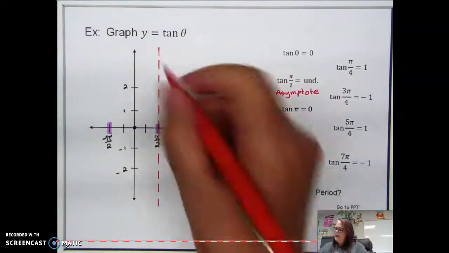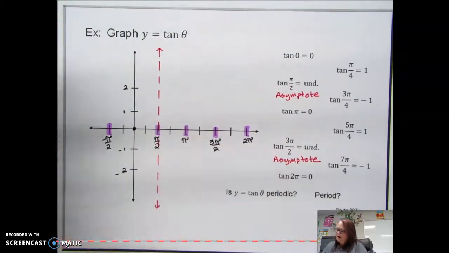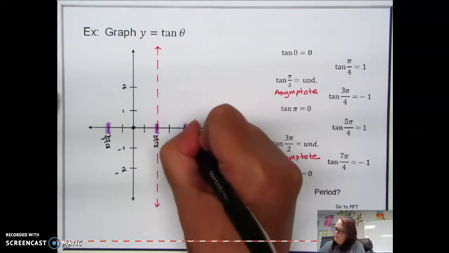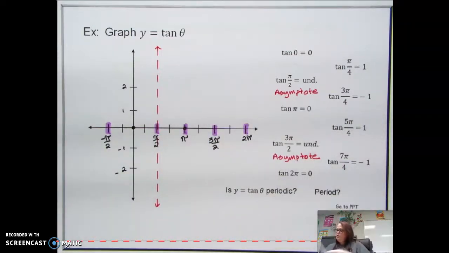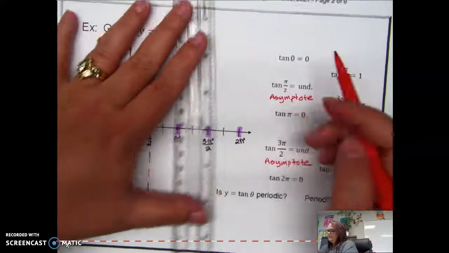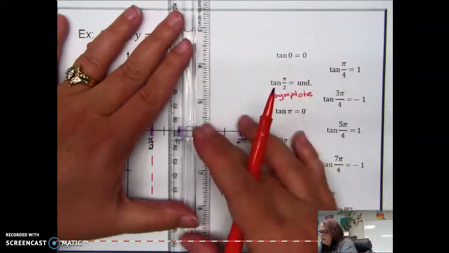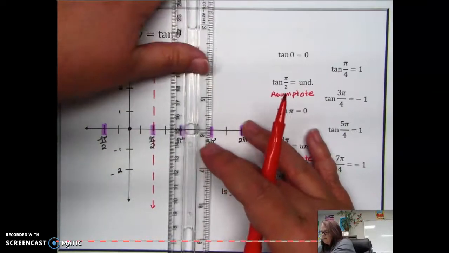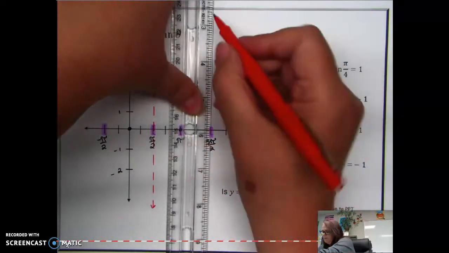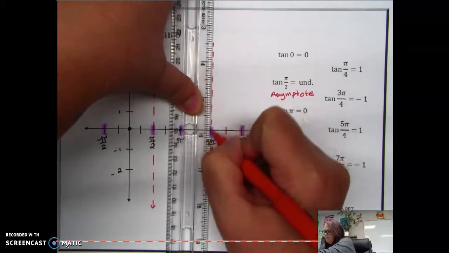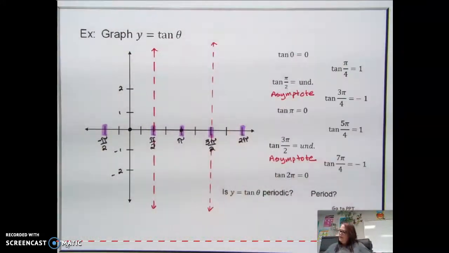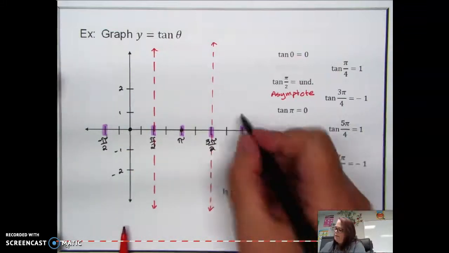All right, and so then at pi, we're back to 0. And then at 3 pi over 2, we're back to having an asymptote. Yeah, I can get this nice and straight. Sorry, I'm a weirdo about crooked lines that aren't parallel. So 3 pi over 2 gives me an asymptote. And then at 2 pi, I have a point at 0.